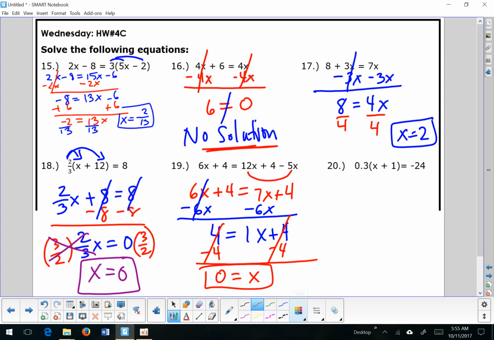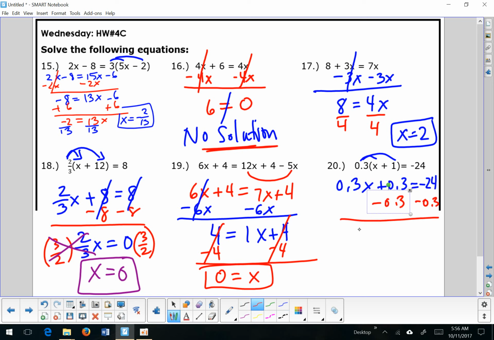All right, last one. Some decimals here. 0.3 times x is 0.3x. 0.3 times 1 is 0.3. And negative 24 remains the same. So for this question, I'm going to subtract 0.3 from both sides.